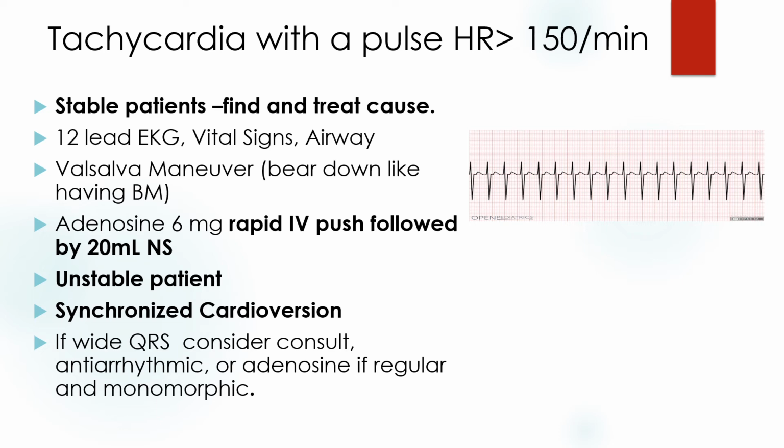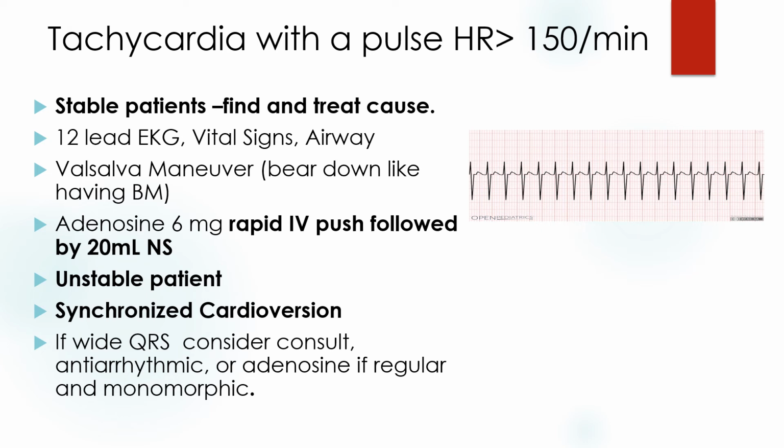So we're going to make sure they're not going to have any condition like fast respirations or anything that they could aspirate. We're going to ask them to do the Valsalva maneuver, and it is like bearing down, like having a BM. Basically, this restarts the heart's electrical current, and hopefully they will return to a normal sinus rhythm.